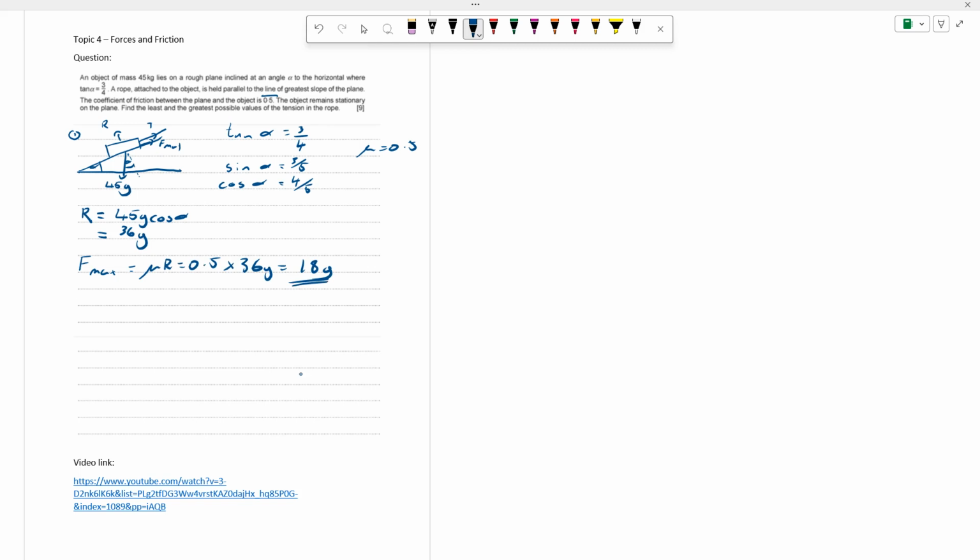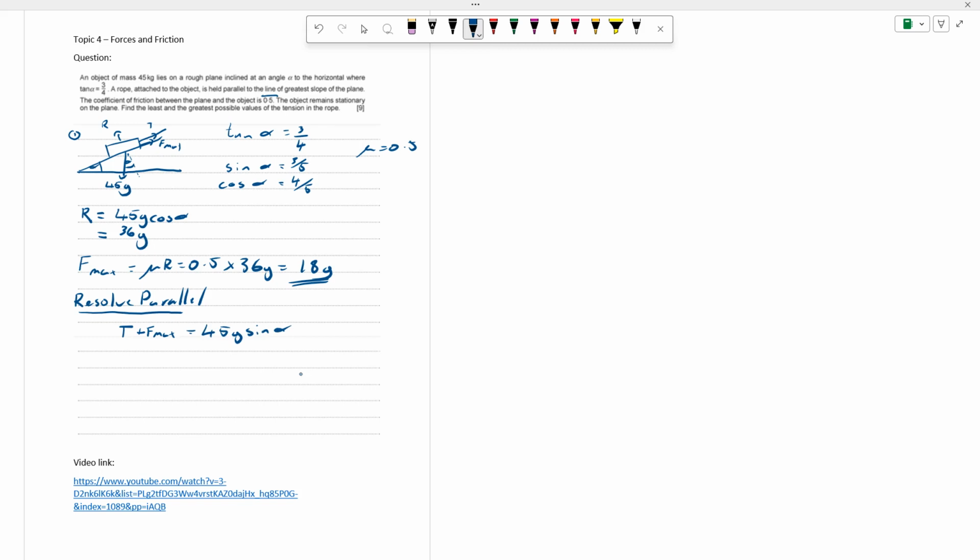And then I'm going to resolve parallel. Going up the slope, there's no acceleration, so what's going up the slope should equal what's going down. Going up the slope, I've got tension and I've got friction. Going down the slope, I've got my 45g sine alpha.